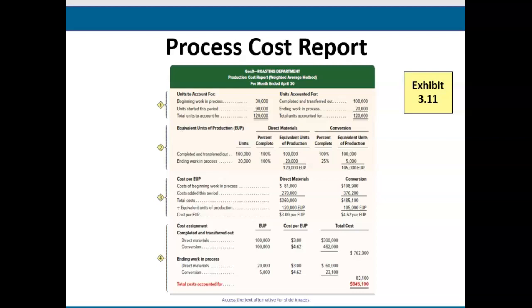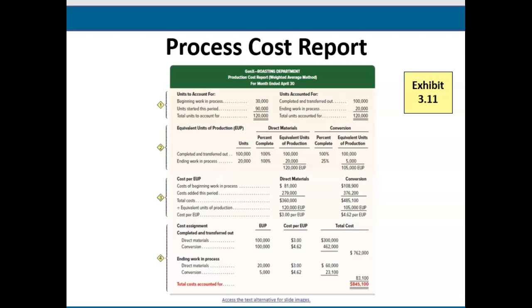The production cost report, or process cost summary, summarizes the four-step process. It shows the results of exhibits 3.4, 3.7, 3.9, and 3.10 in one report. The production cost report for the roasting department is shown in exhibit 3.11.